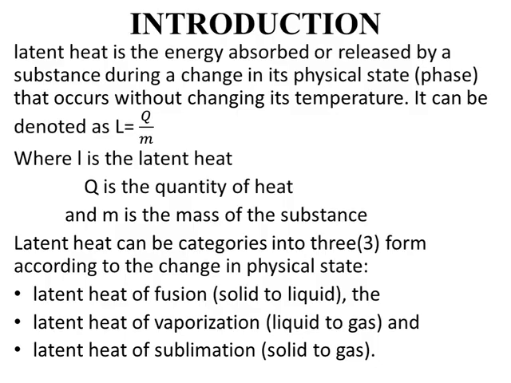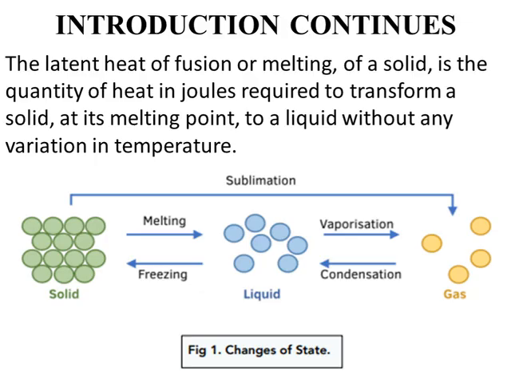Now, latent heat of fusion, this is what we refer to as melting. Remember I said from solid to liquid, melting. So if a particular material undergoes latent heat of fusion from solid to liquid, that means it has melted.